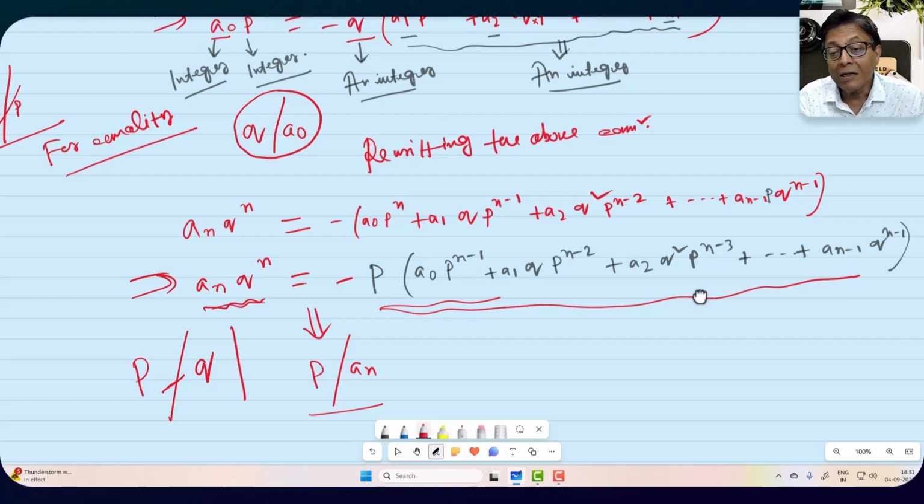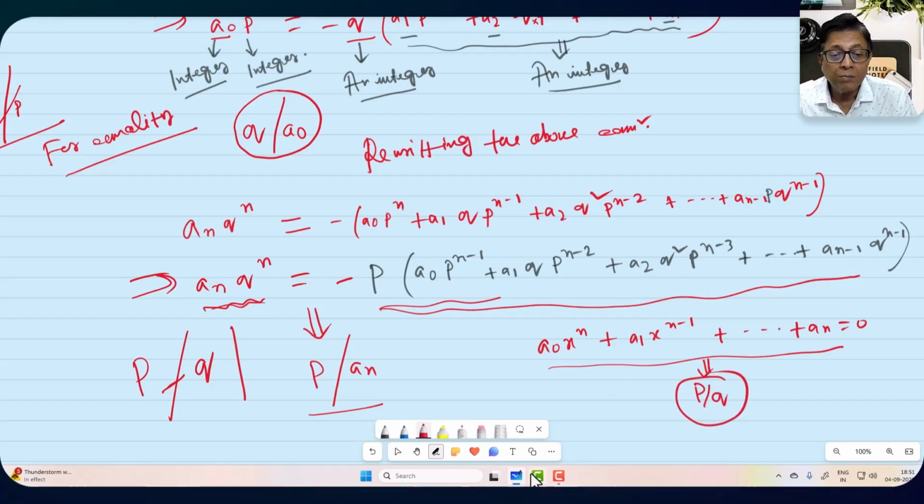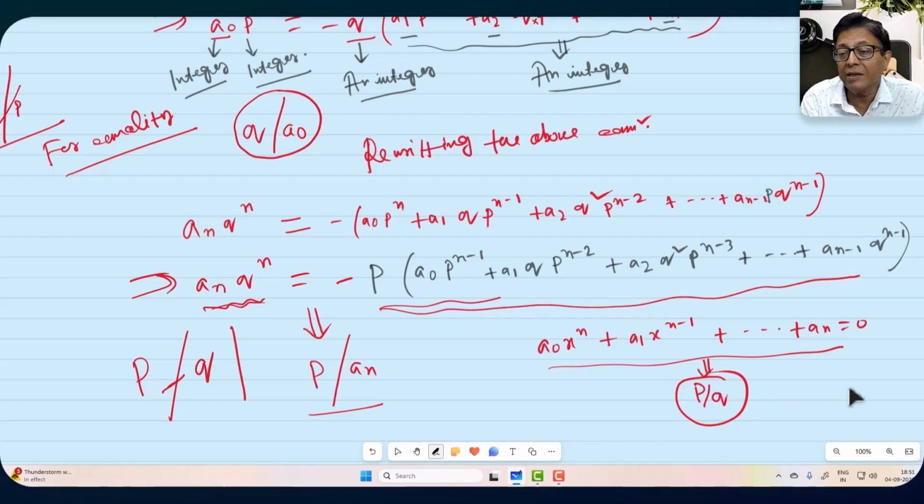Now go for that equation. It is A0 x to the power n, A1 x to the power n minus 1, and so on, plus an equal to 0. You have taken p by q as a root. This p by q is a rational number. The condition is p must divide an and q must divide a0.